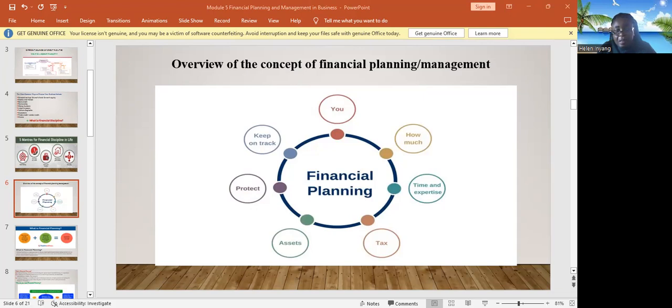The third concept is time and expertise. How much time do you want to spend managing your assets, and are they currently organized to reflect this? Managing your assets or wealth takes time.